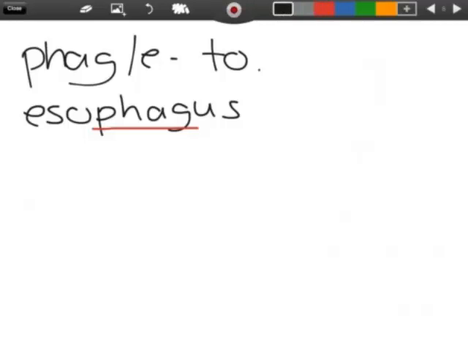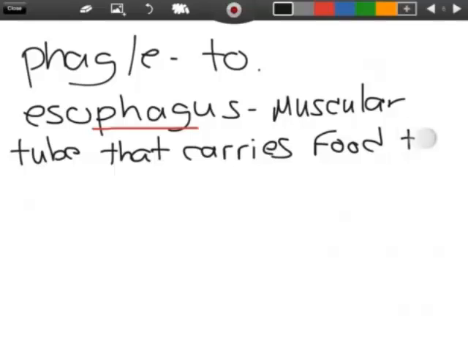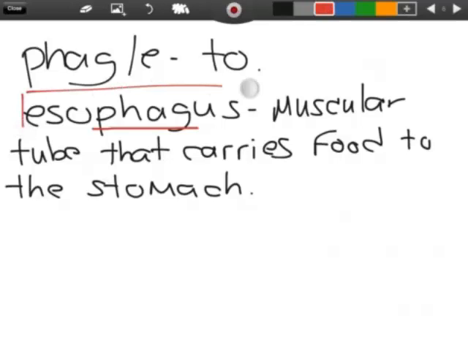Esophagus, and the meaning of that is muscular tube that carries food to the stomach. I'm going to use esophagus in a sentence.